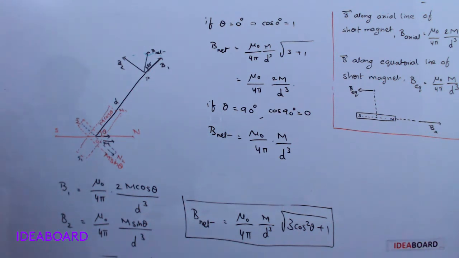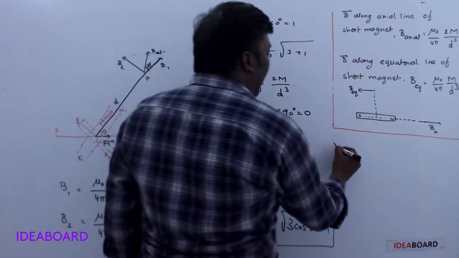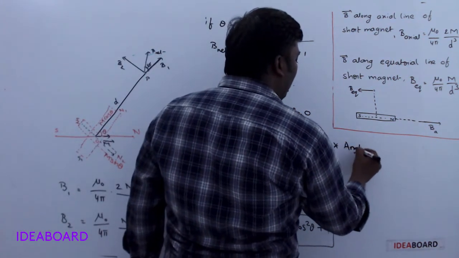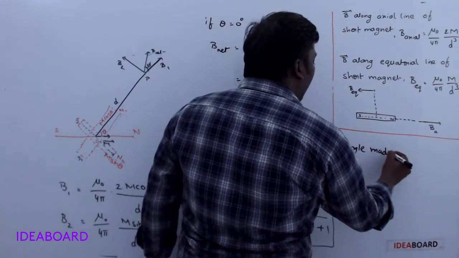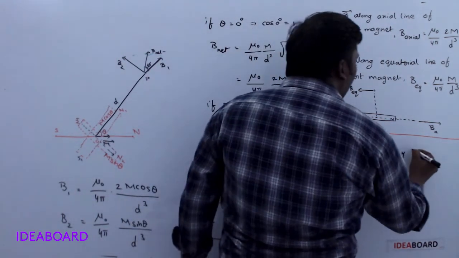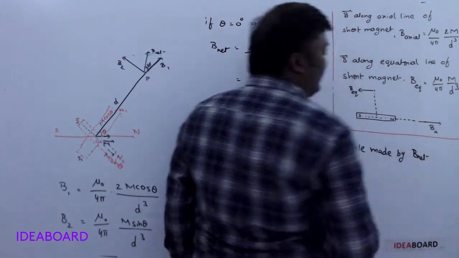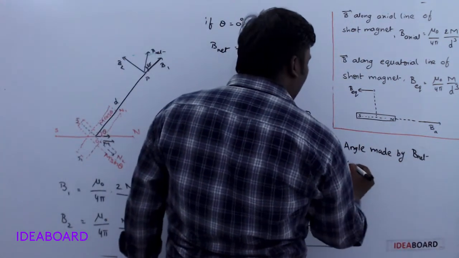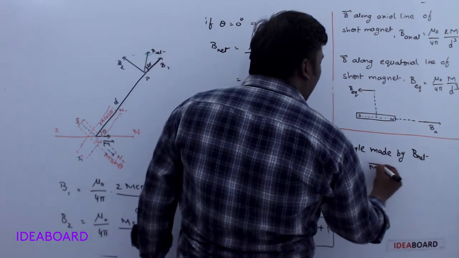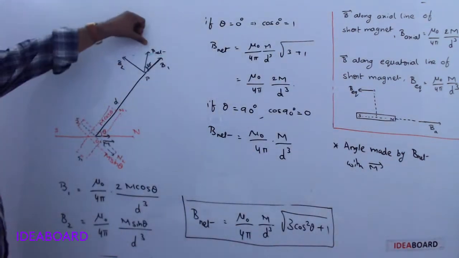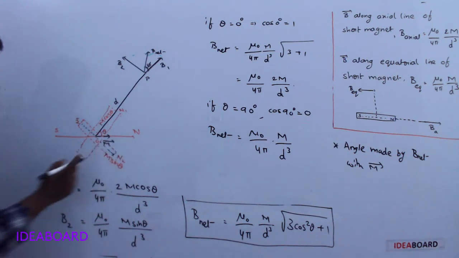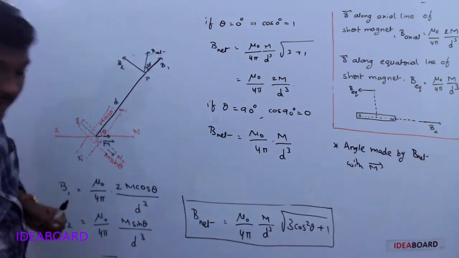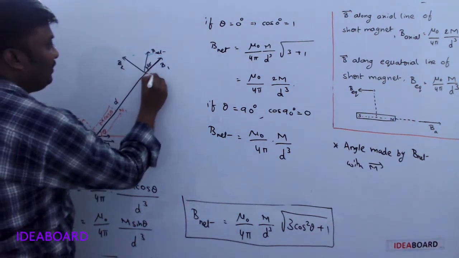Sometimes they ask another important question: what is the angle made by the resultant magnetic induction with the direction of m bar? So this is B net, this is m bar. Just imagine one straight line here.